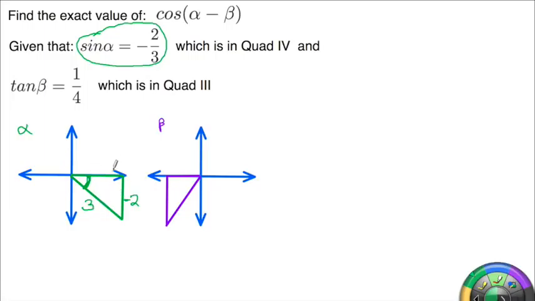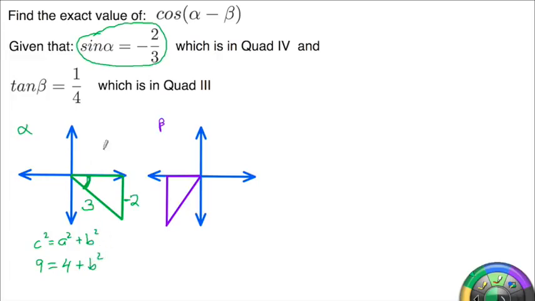So what I need to do is find the length of the third side, and that's going to require the Pythagorean Theorem. c squared equals a squared plus b squared. I like writing it this way to concentrate on the hypotenuse first. So the hypotenuse here is 3, so this is going to become 3 squared, better known as 9. Whether you put the negative 2 in the a and b is irrelevant, but when I take negative 2 and square it, it's going to give me a positive 4 plus b squared.